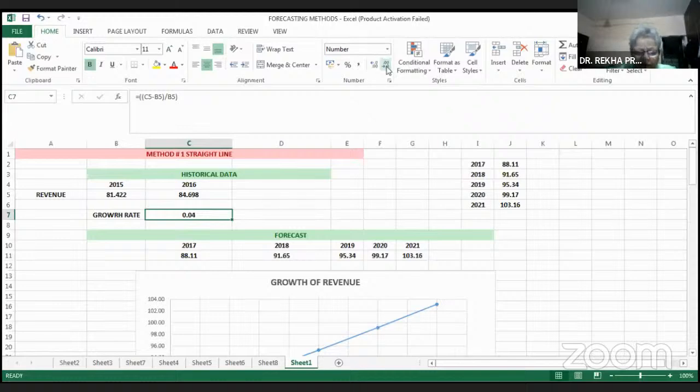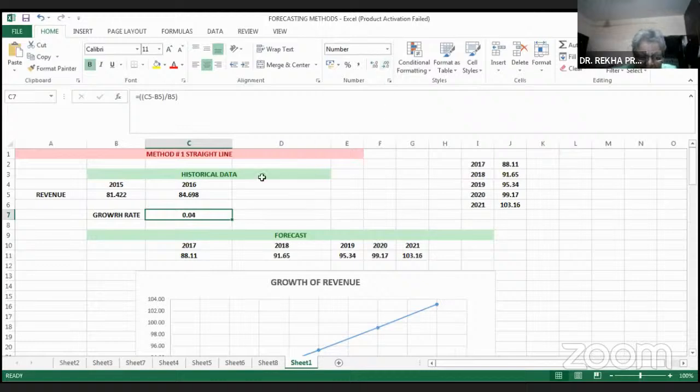So again, the revenue will increase by 0.04. First year it was 81.422, next year it was 84.698. Now you again add growth of 0.04.